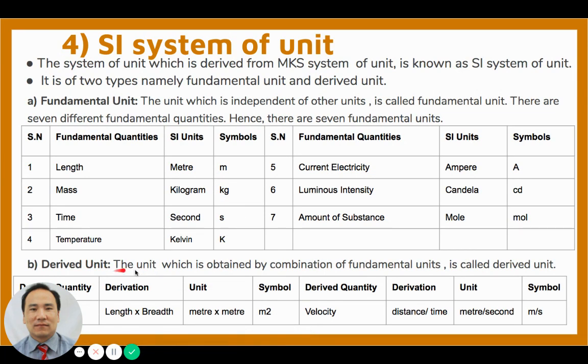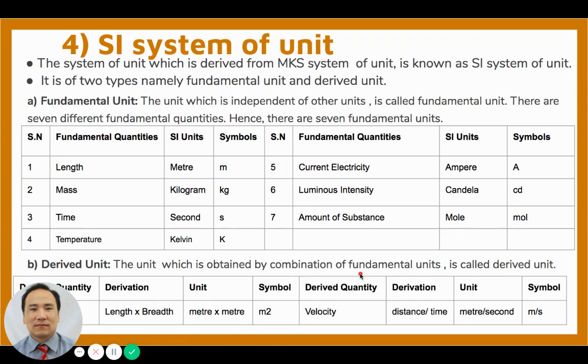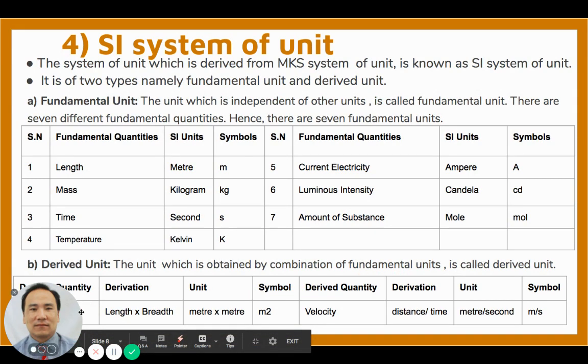Now derived unit: the unit which is obtained by a combination of fundamental units. When you combine 2 or more fundamental units, you get derived units. Example, area. Area means length and breadth, and you know the length unit is meter and the breadth unit is meter. So the unit of area is square meter.